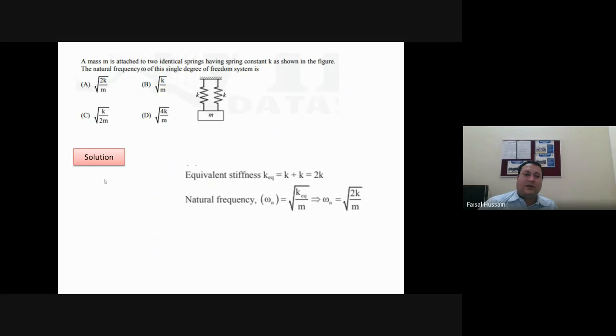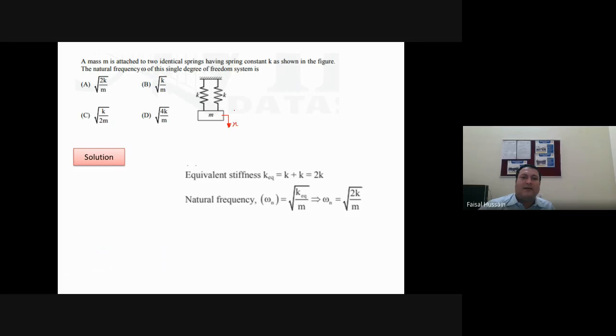Now here I have directly, it is a 1 mark question. A mass is attached to two identical springs. So see, this is your mass which is attached to identical springs, and these springs are in parallel. We have to determine the frequency for a single degree of freedom, there will be only one displacement.